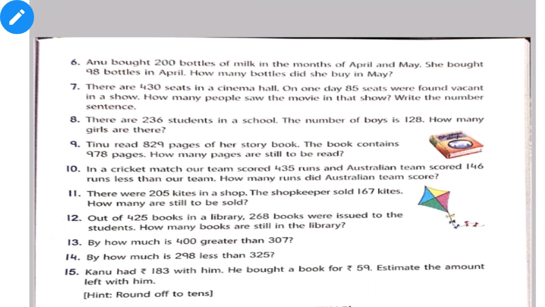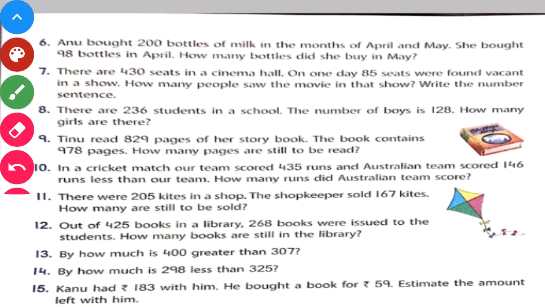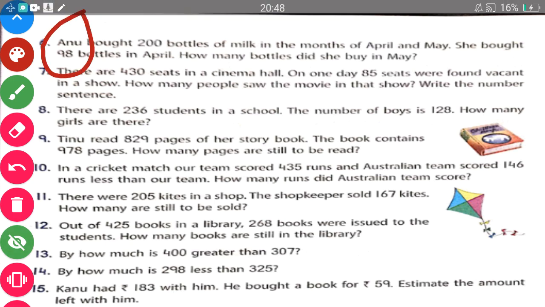Okay. So first of all, let us read the question. Our first question is, Anu bought 200 bottles of milk in the months of April and May. So there's a girl named Anu. She bought 98 bottles in April.